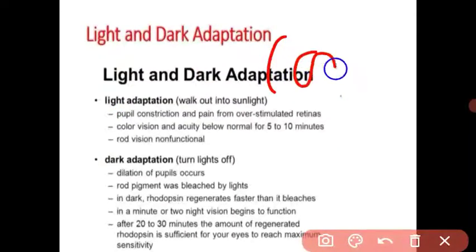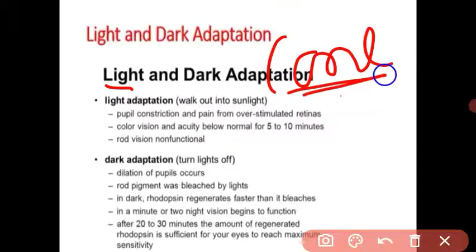Cone cells are active when we are in bright light, under the sunlight. Cone cells are activated and we are able to see in the day. But when we enter into the dark, the cone cells are non-functioning.